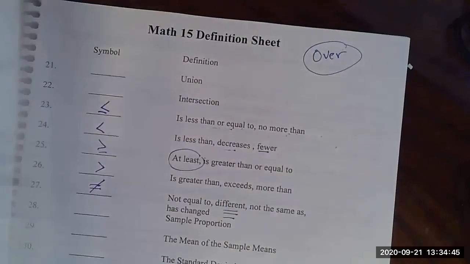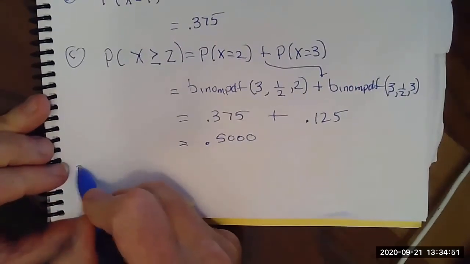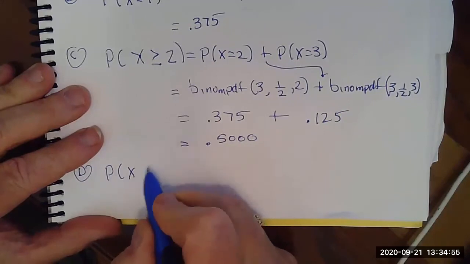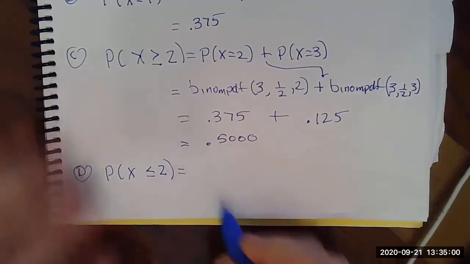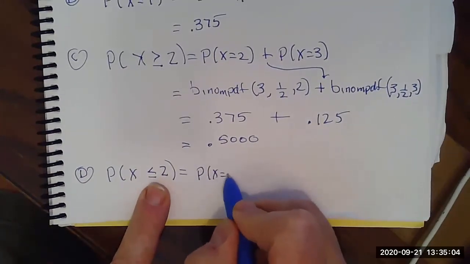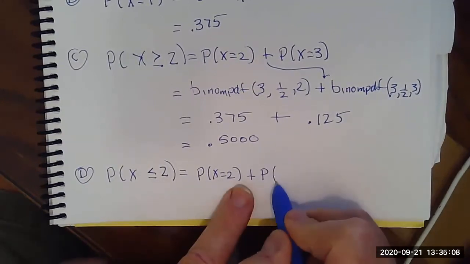So you include it. I'm not going to do this one in its entirety because of time, but I'll set it up. D, probability that X is no more than 2. So I start with 2, and then I add, okay, what's less than 2? 1.